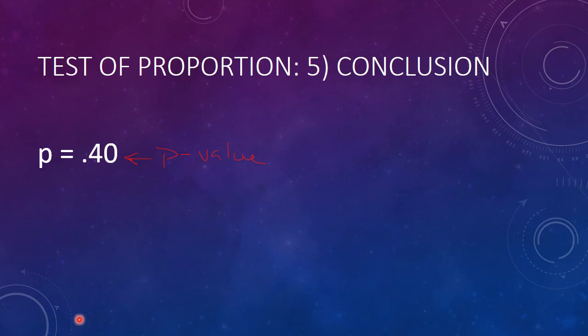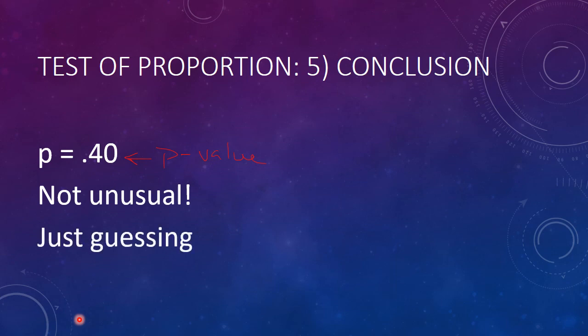If the astrologers really are guessing, then in 40% of studies like this one, they would get at least 34% of them correct. Finally, we'll draw our conclusion. Getting 34% out of 116 matches correct isn't all that surprising, since the p-value is pretty high. So we don't really have much evidence to suggest that the astrologers are doing any better than guessing.